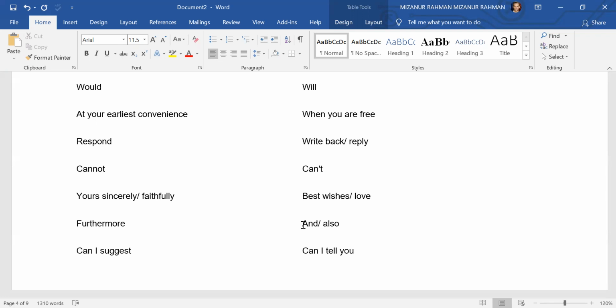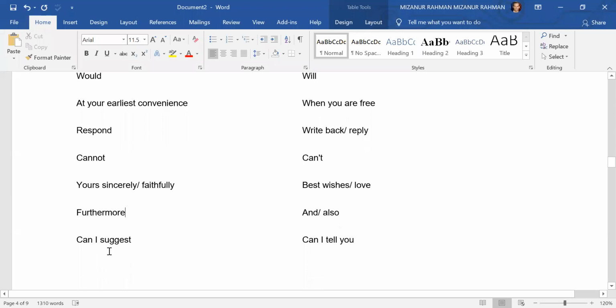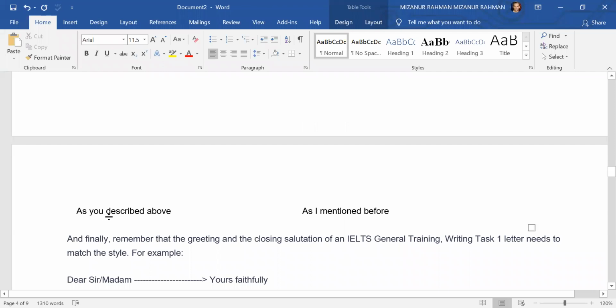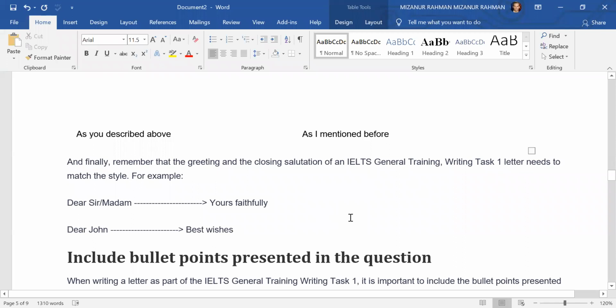So I want to show some places, and furthermore, I want to know many things from you too. Can I suggest? Can I tell you? So tell you is informal, and suggest is formal vocab. As you described above, as I mentioned before. So as you described above is informal, and as I mentioned is formal. So you will learn it, no problem.